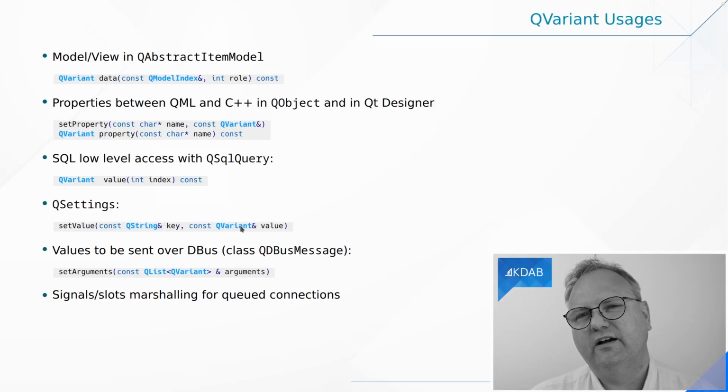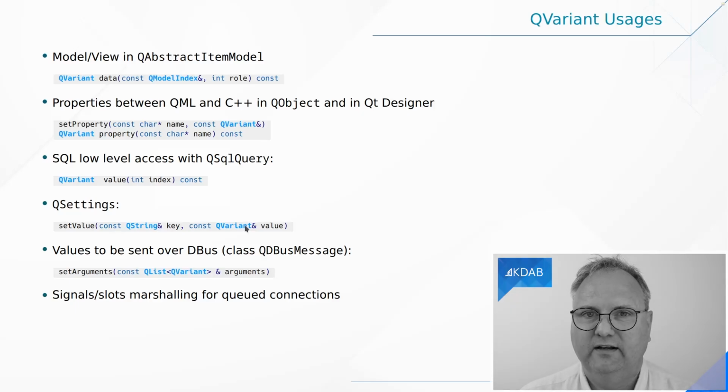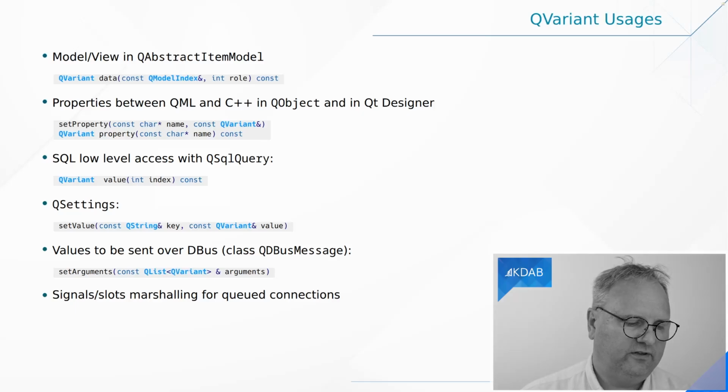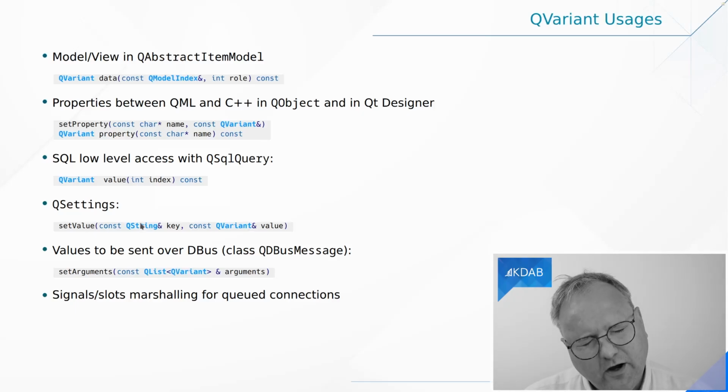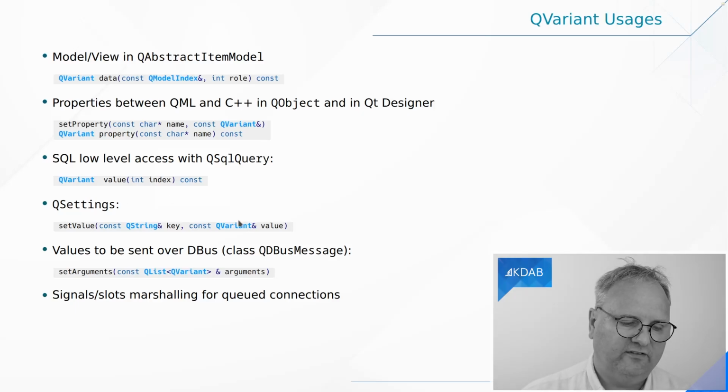And again, you could ask yourself, why not just have setValue QString bool, setValue QString QString, and so on, have that setValue overloaded? But that's because, with the QSettings API, I'm not 100% sure, but I think there is a mechanism for plugging in so that you can serialize your own data in here, depending on the particular variant.